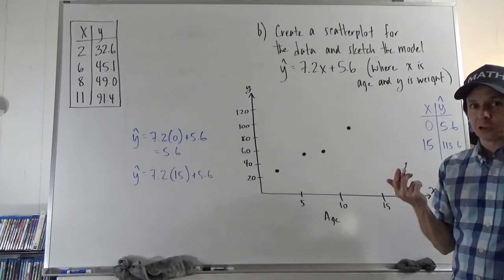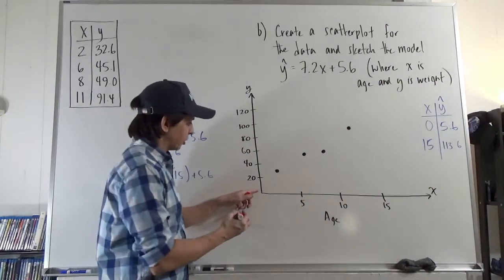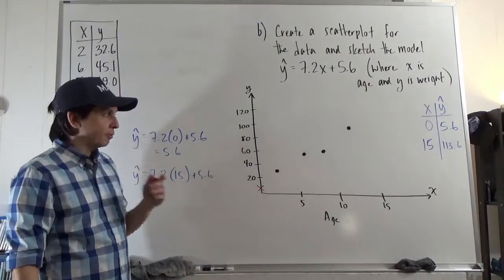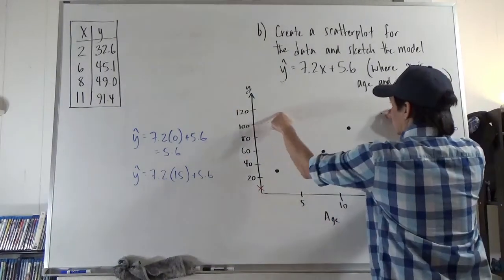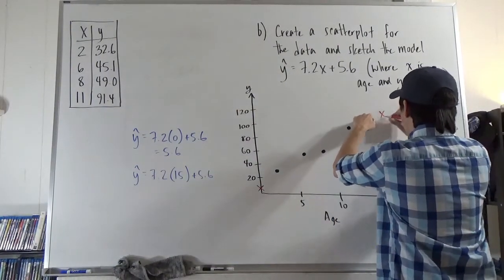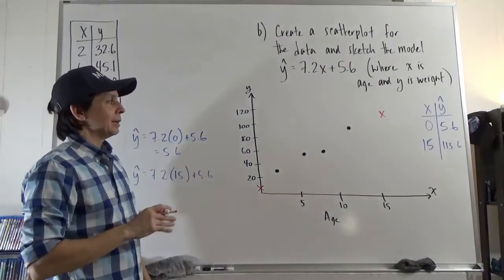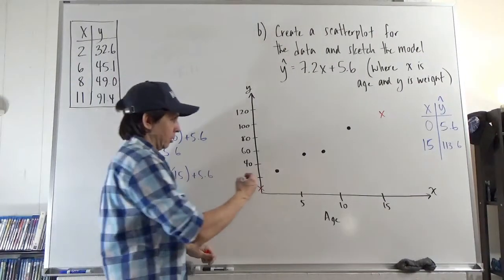I have different colors, but if you don't, I'll use an X for this. So 0, 5.6 is about here, and I'm going to use an X. And then 15 and 113.6, here, I'm going to use an X. And then you're drawing a line between those two X's. Regardless of the scatter plot, it's technically, as of now, unrelated to that.